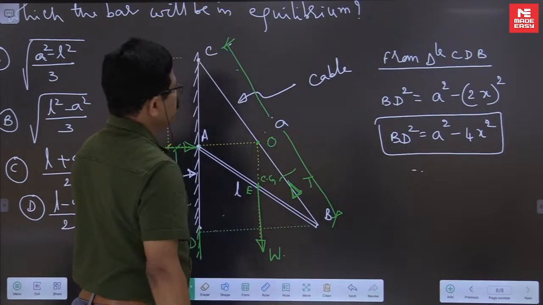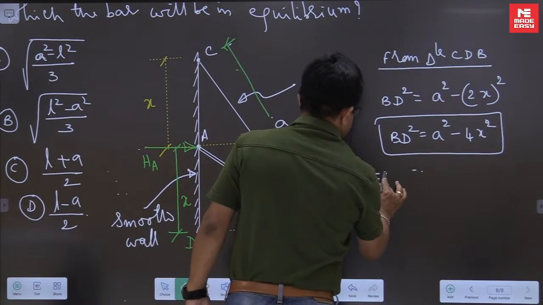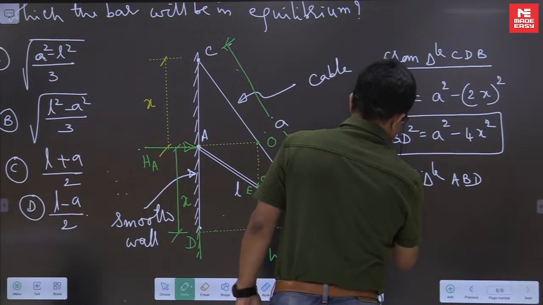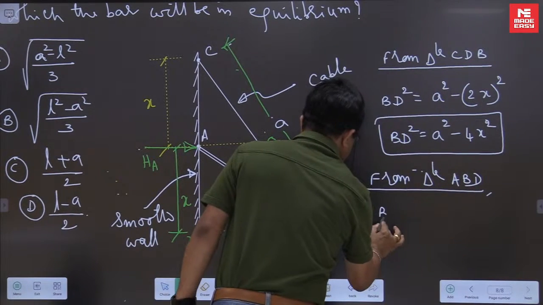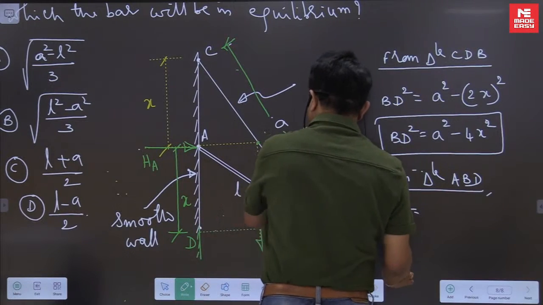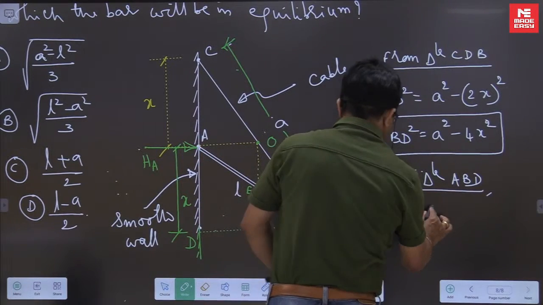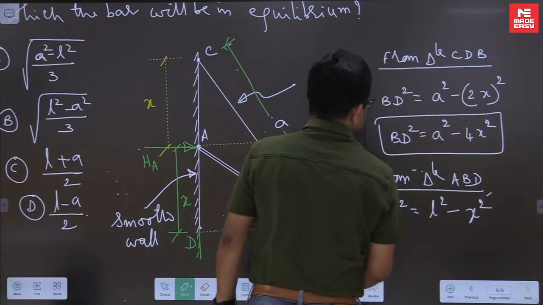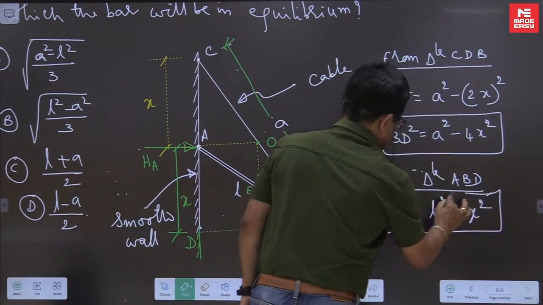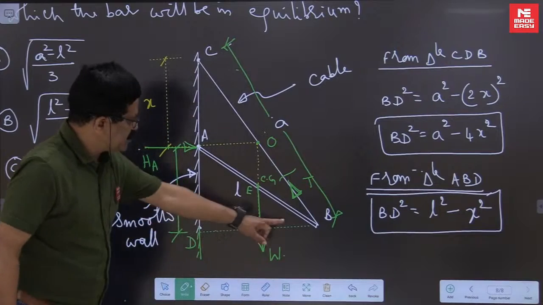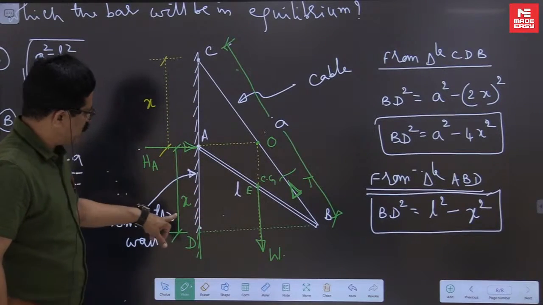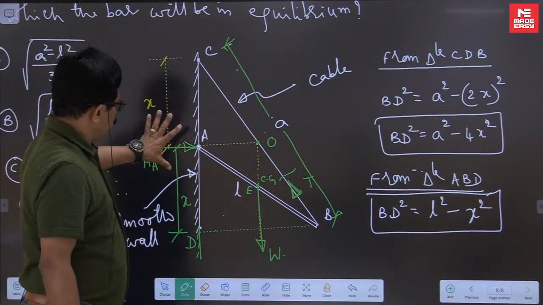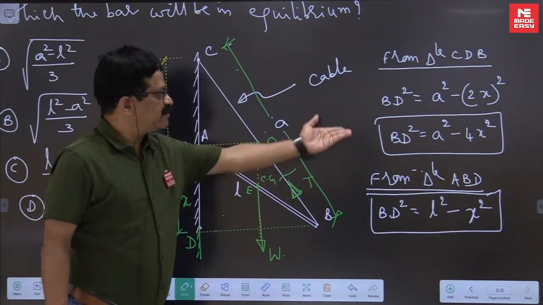Next, from the triangle ABD, what can I write? BD square is equal to AB square. AB square is nothing but L square minus X square. So BD square is equal to L square minus X square. From this triangle, A square is equal to 2x square plus BD square.